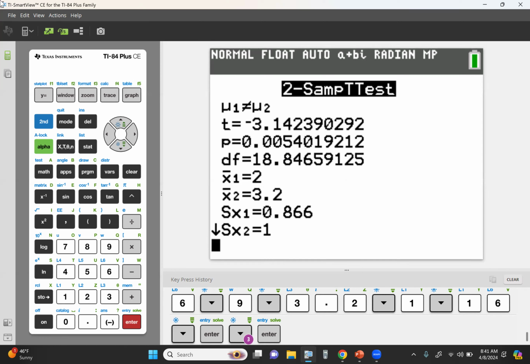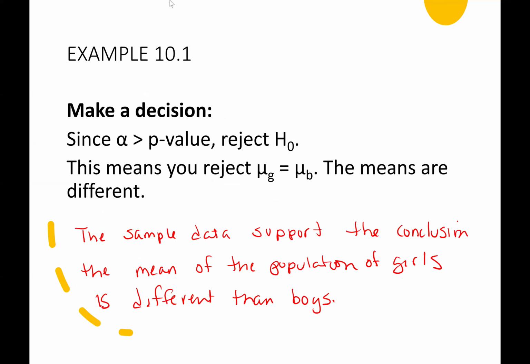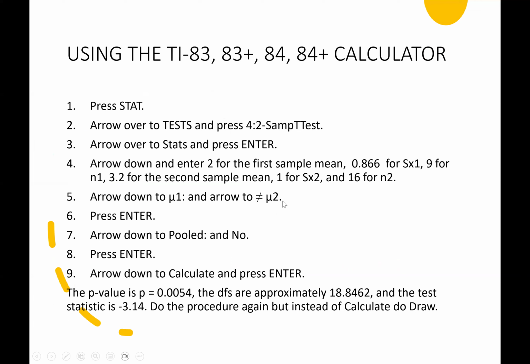All right, don't make your life more difficult than it needs to be. Go ahead and use your calculator to calculate the hypothesis test for 2 sample means. The instructions for this are on slide 25 in your slide deck in Canvas.